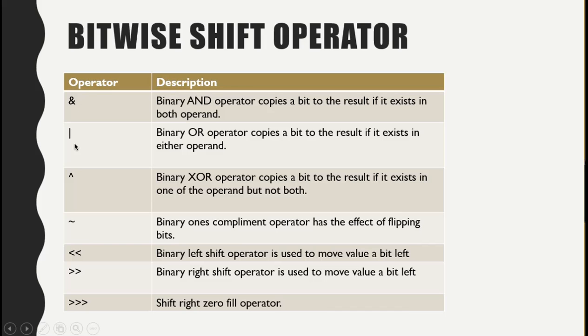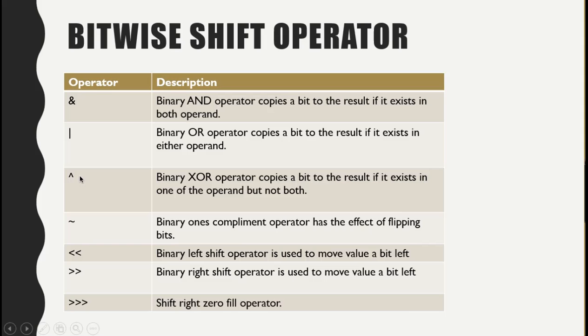And the second one is the binary OR operator. If any of the conditions of the two operands, just here and there of this operator, gets true, then it is going to give the result true. The third one is the XOR operator.